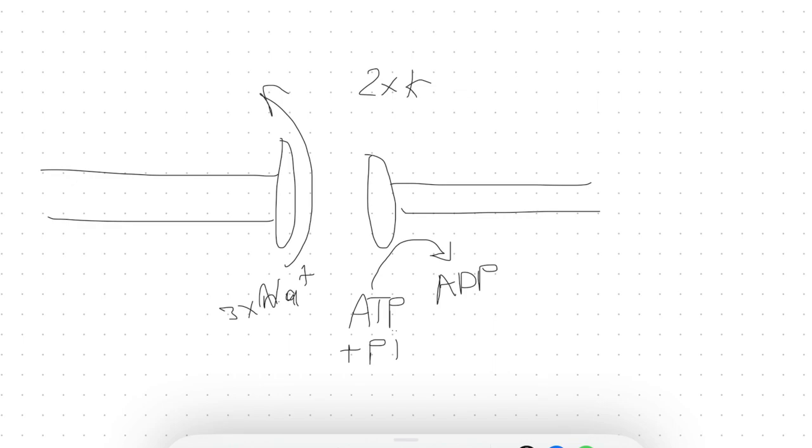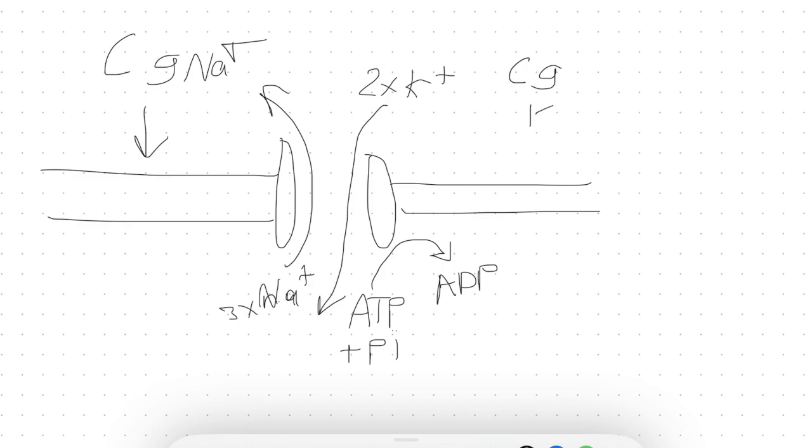This pump actively transports 3 sodium ions out of the cell and 2 potassium ions into the cell against their respective concentration gradients. Using ATP, this pump creates a higher concentration of potassium ions inside the cell and a higher concentration of sodium ions outside the cell, establishing a concentration gradient for both ions.